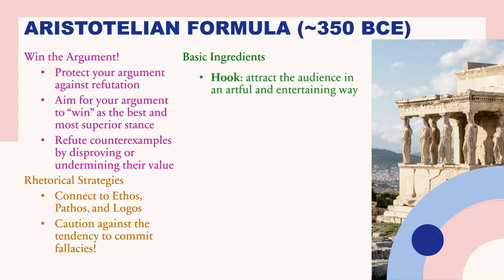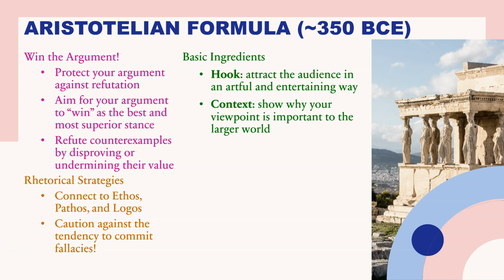The basic ingredients, these are the most common in academic writing throughout the US. So first of all, a hook, attracting your audience in an artful and entertaining way. Context, showing why your viewpoint is important to the larger world. So once you get your audience ready to listen to you, you show them why what you are about to say is hugely important.